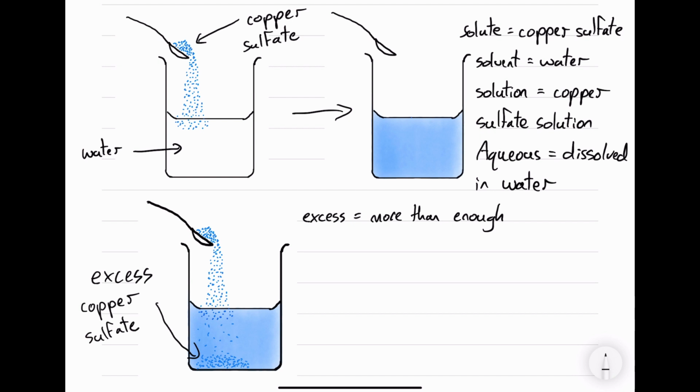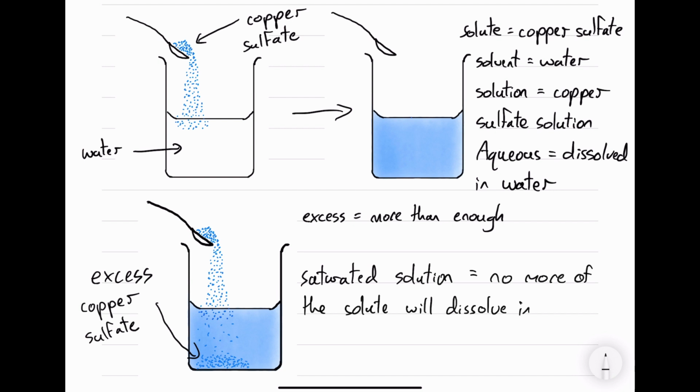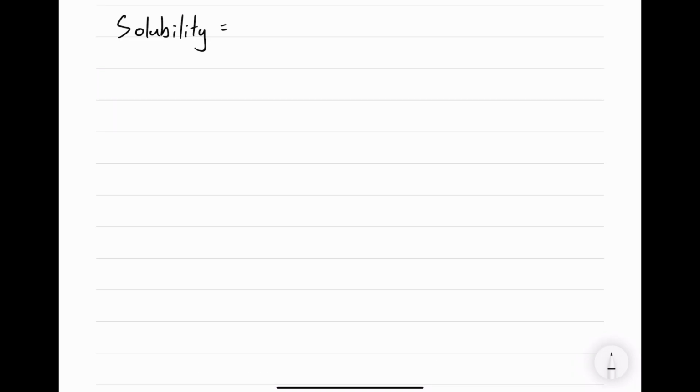Saturated means no more of the solute will dissolve in it at that temperature. Solubility is the amount of a solute that will dissolve in 100 grams of a solvent at a given temperature.